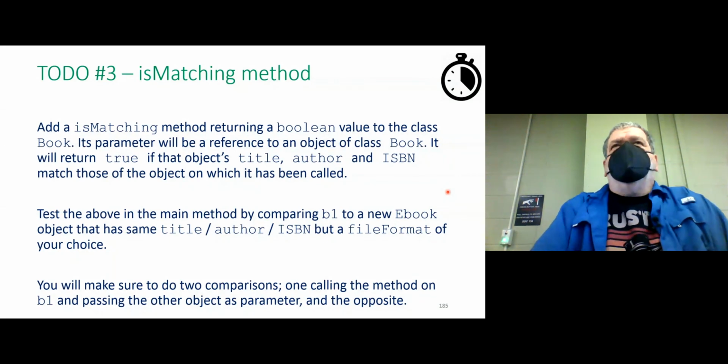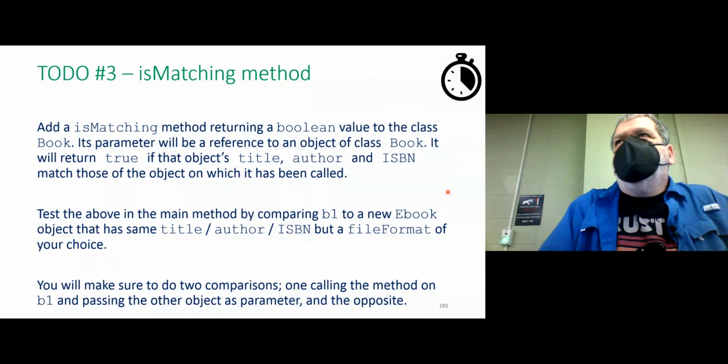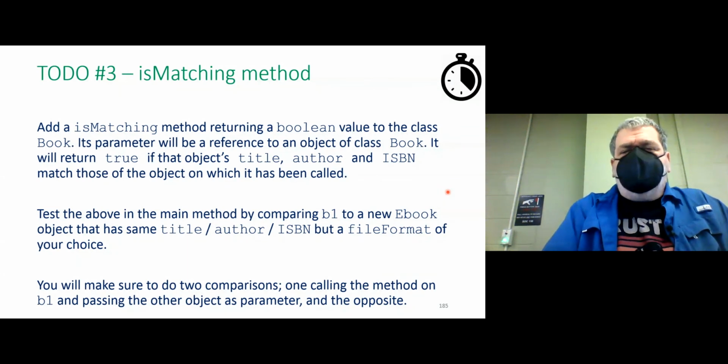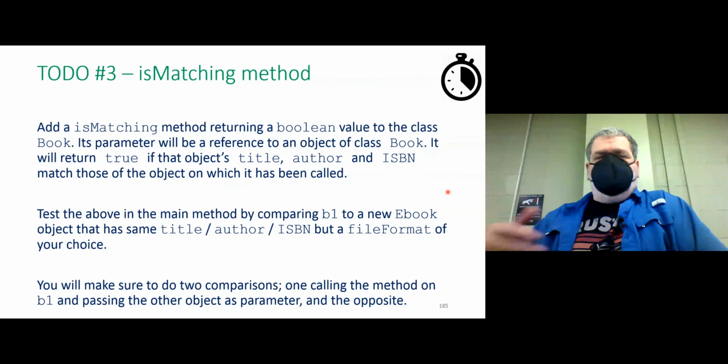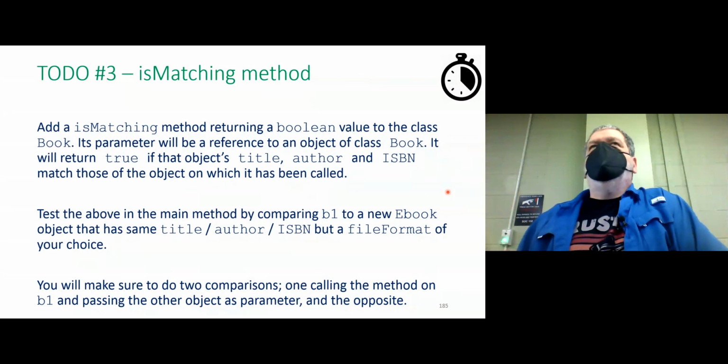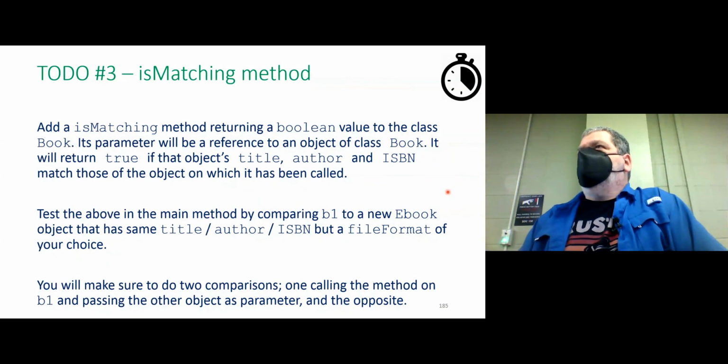So it's a method in the class book. The class book has the title, author, and ISBN attributes. Okay? So we want to compare this.title, this.author, and this.isbn to the title, author, and ISBN of the parameter that is given to the method.